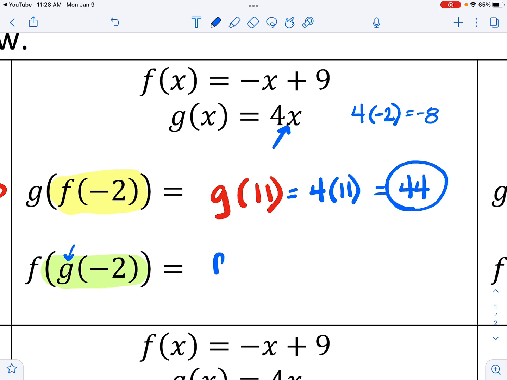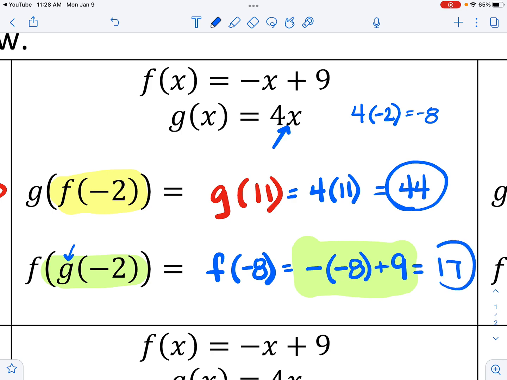So I now need to find f of -8. So I plug it in, negative parentheses, -8 plus 9. You type this entire amount into Desmos. You should have gotten 17.